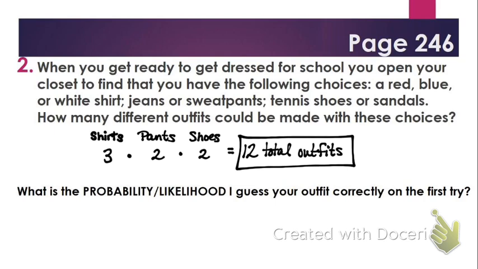If I knew that you'd talked to me about this before, I knew that this was your option every day. If I knew that you had 12 total outfits, what's the probability, what's the likelihood that I guess on the first try which outfit you decided on? 1 out of 12.